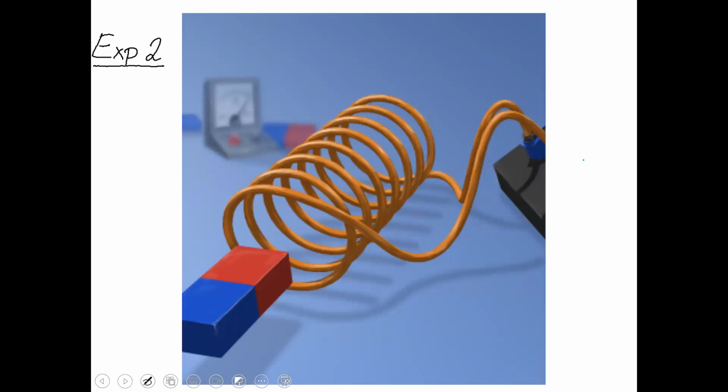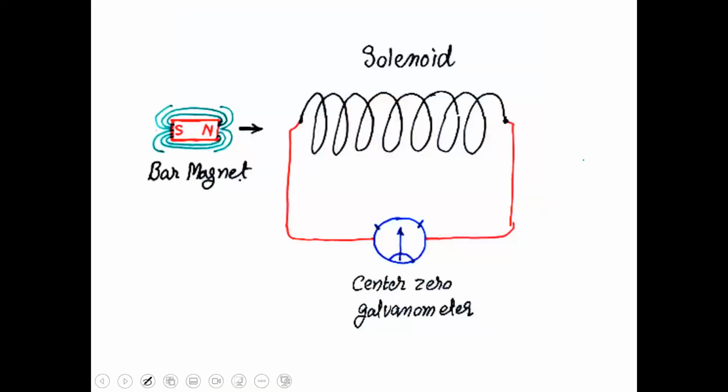Look at example 2, one of the most famous examples from past papers. This is a long solenoid. Again, notice that there is no conductor, there is no power source in the circuit.